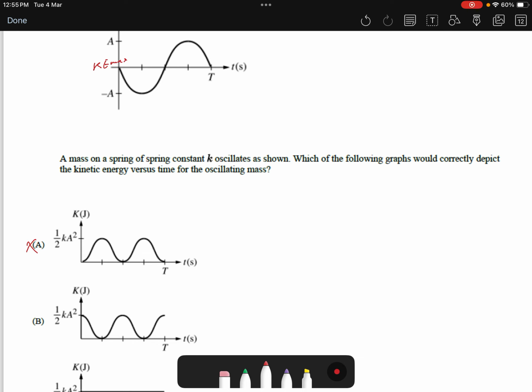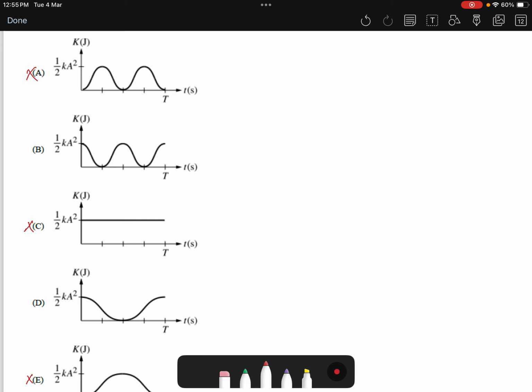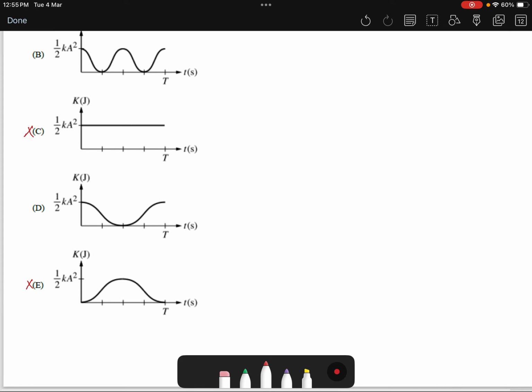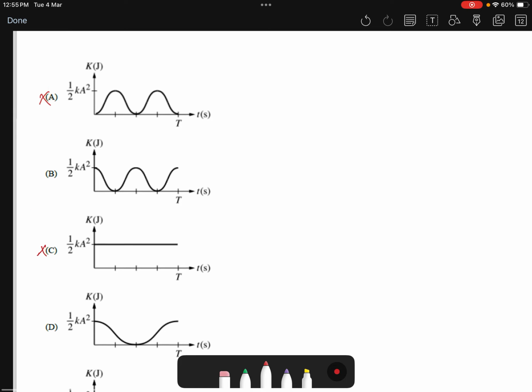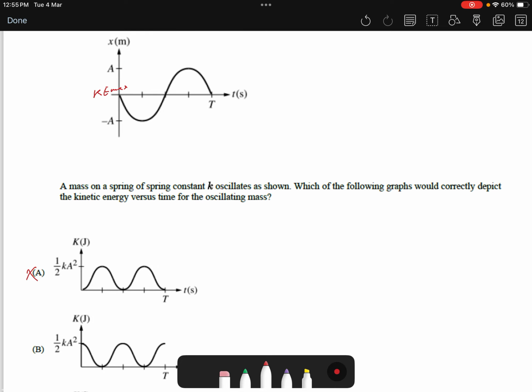Okay, both are positive, so yes, both can be right. I was looking if there is any negative, we could cancel it directly, but there are no negative solutions here. Okay. After one period of time, it should be 0.